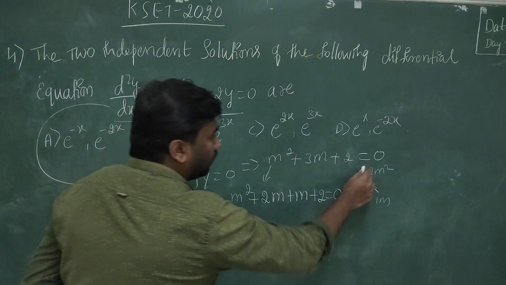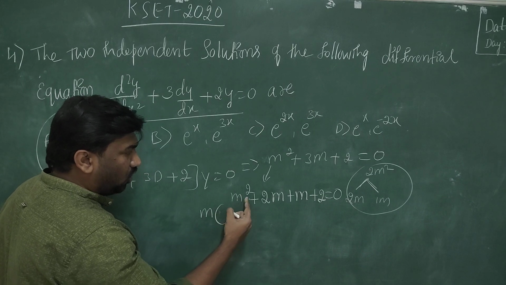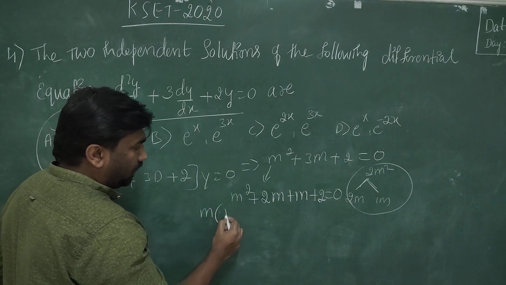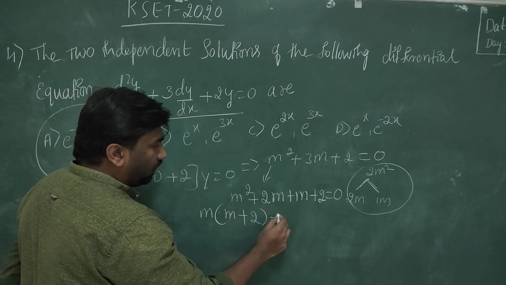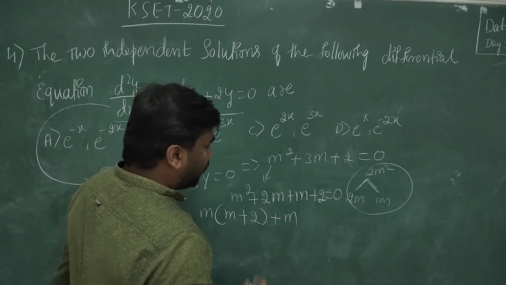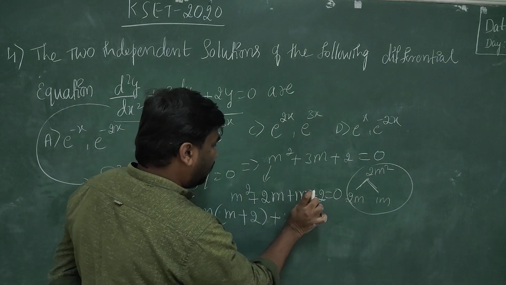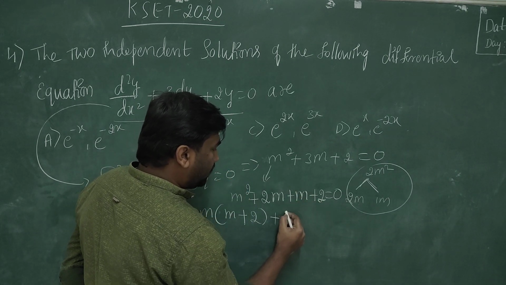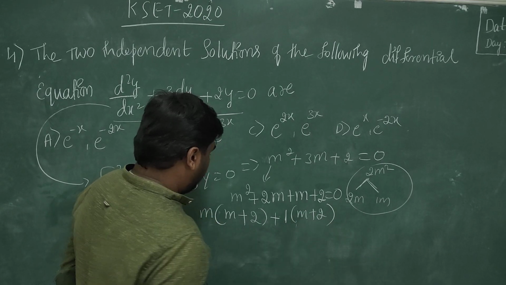Next, let us take m as common, so m into (m plus 2), and then plus 1 into (m plus 2).